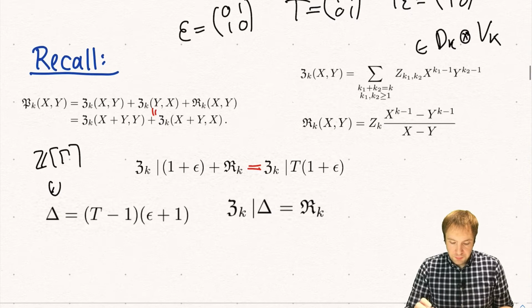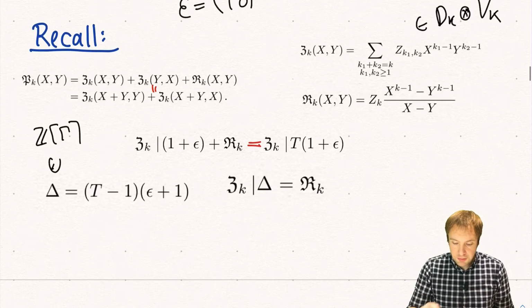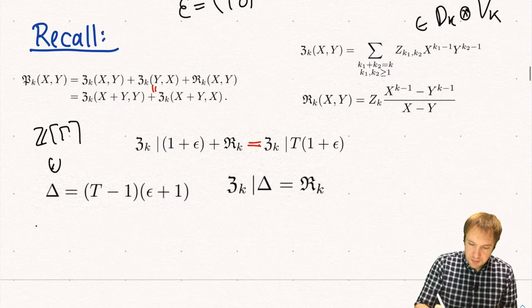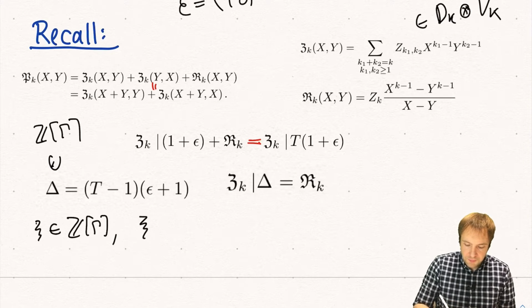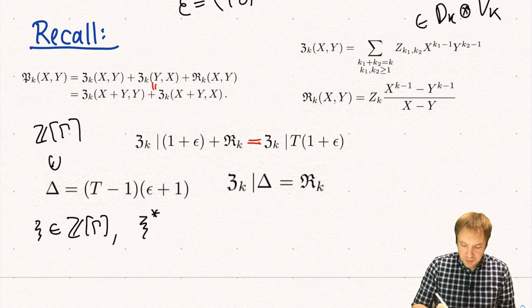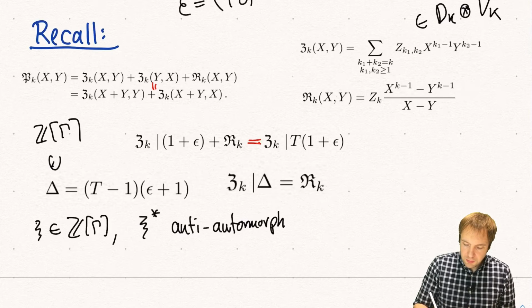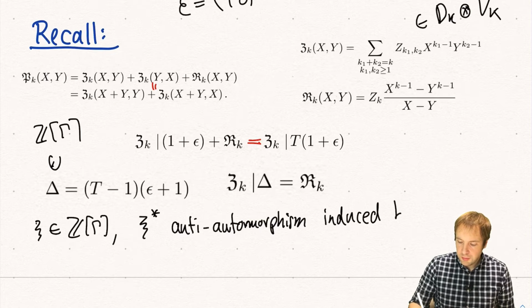And now we want to use this pairing, and so let psi be an element in the group ring. Then we want to define its adjoint action as an anti-automorphism induced by taking the inverse of matrices.